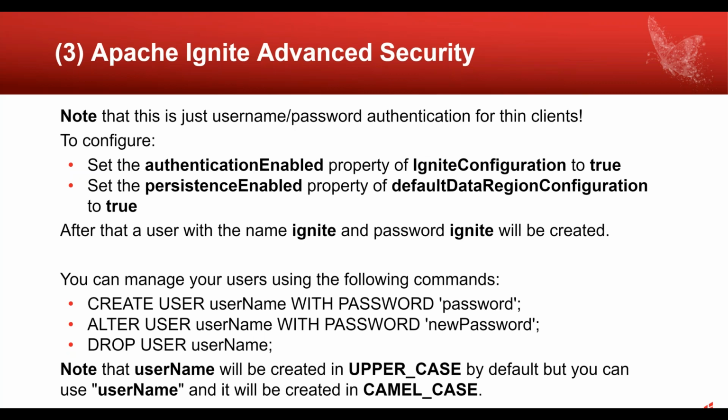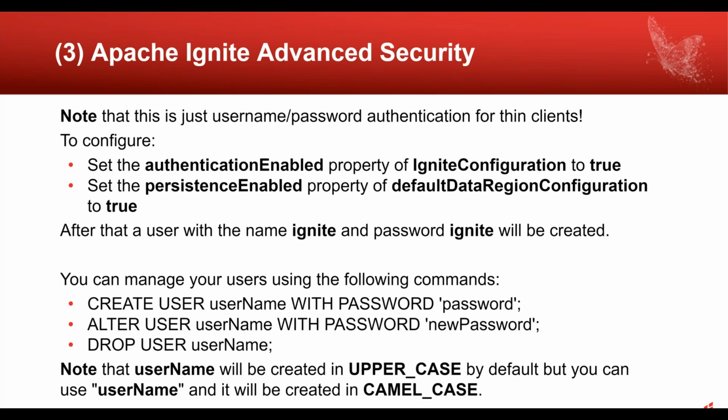Also, you can see on the screen three commands that can be used to manage a user with Apache Ignite Advanced Security. Also, you should note that by default all usernames will be created in uppercase, and you can change it if you use quotes, like you see on the screen.